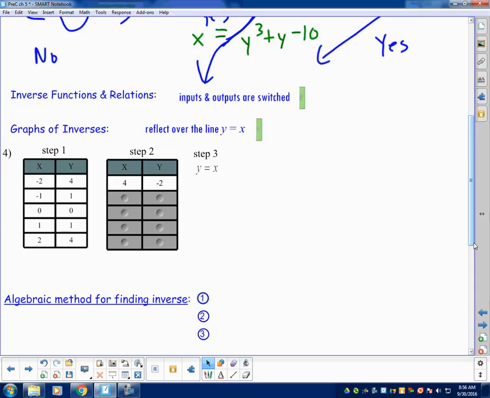All right, so it says use the chart to graph the function. Then switch the inputs and the outputs from the first chart and write them in the second chart. Graph the inverse. Finally, graph y equals x. So go ahead and do that now. Go ahead and graph the points in the first chart, x comma y.